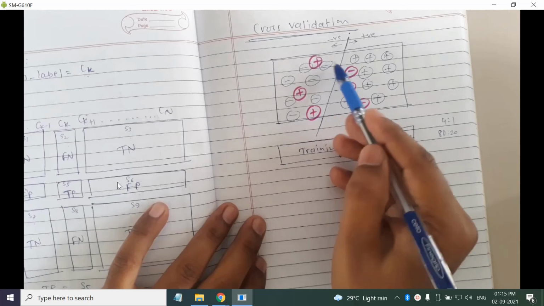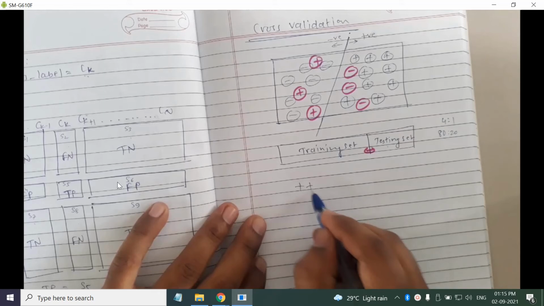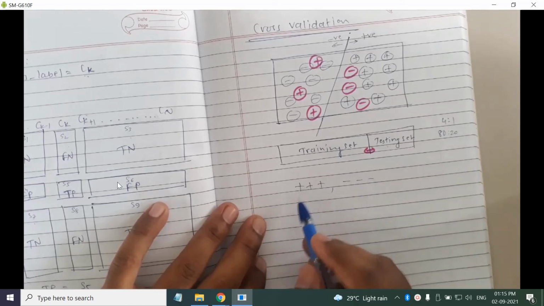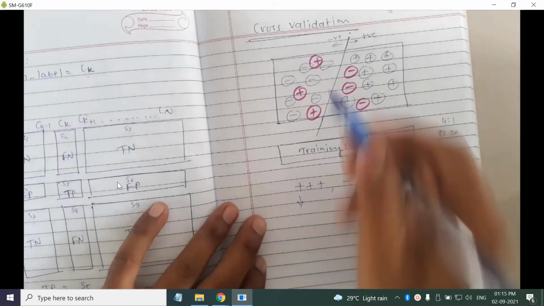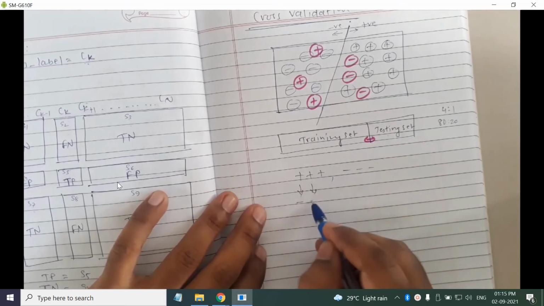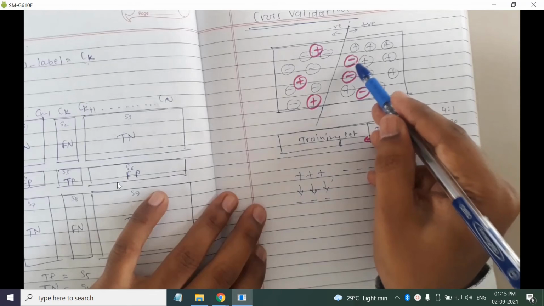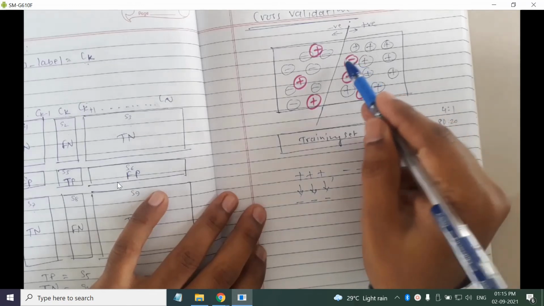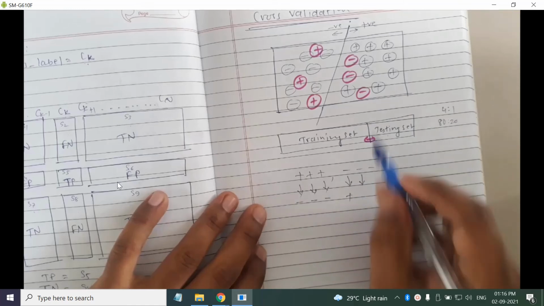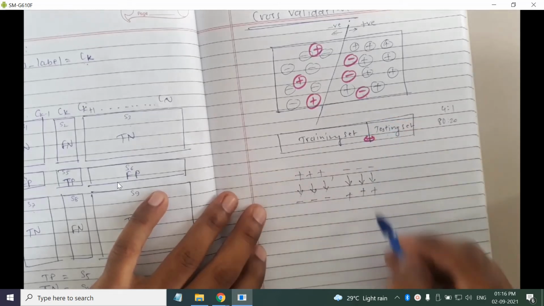It is falling to the left side. I have 3 positive samples and 3 negative samples. For the first sample, my classifier will say negative. For the second also negative. For the third, negative. For this sample, it is falling onto the right side of this line, so positive. For this also positive, and for this positive.